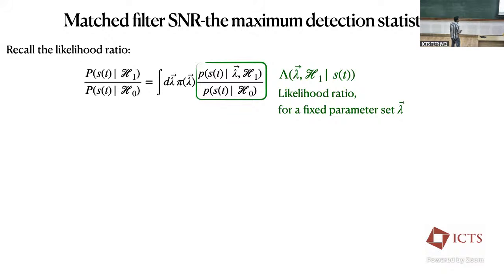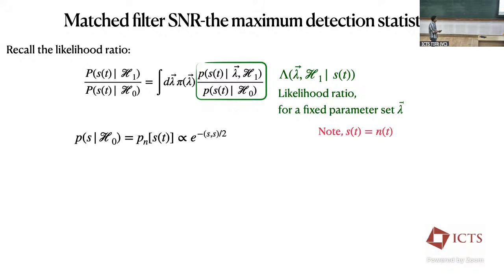So pi of lambda gives you the prior knowledge about the distributions of such parameters. So we have to marginalize over that particular distribution to tell how probable our hypothesis H1 is. In a sense, we have to sum over all the contributions that H1 could produce by these different parameters lambda to tell how probable the hypothesis H1 is.